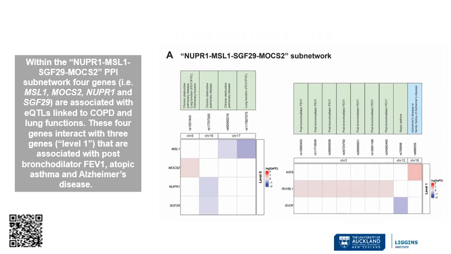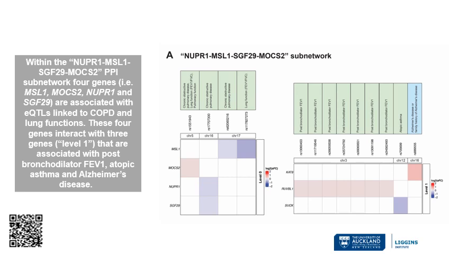Now, we looked at some specific subnetworks, and so we looked at the NUPR1, MSL1, SGF29, and MOCS2 protein-protein interaction network. That involves 4 genes, and those 4 genes are associated with eQTLs linked to COPD and lung functions.